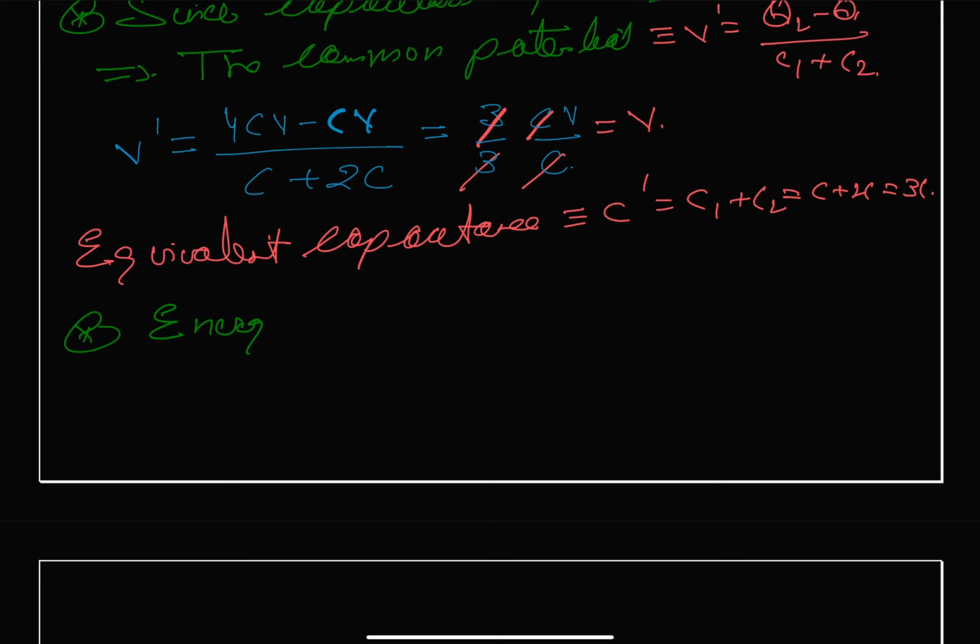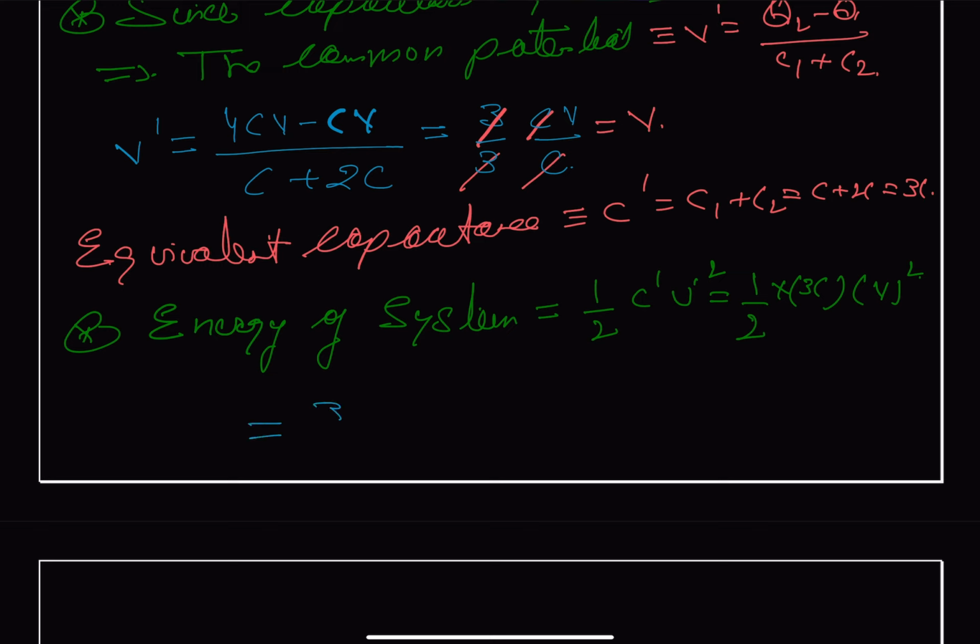The energy of the system will be equal to half C prime V prime squared. So this is half, 3C, and V prime is V, whole squared. Therefore the energy of the system is 3 by 2 CV squared.